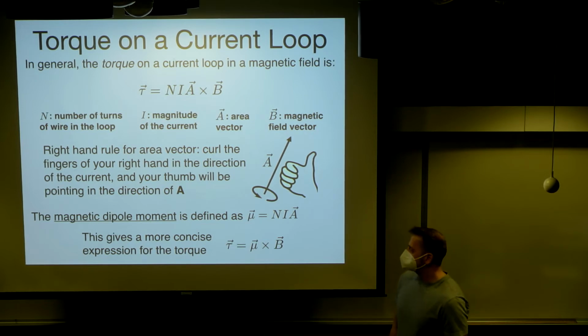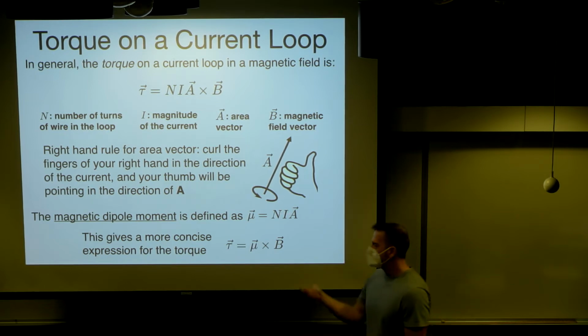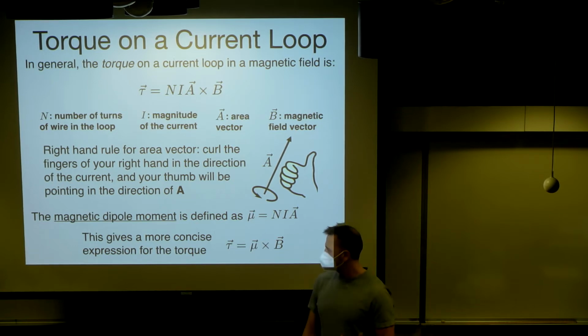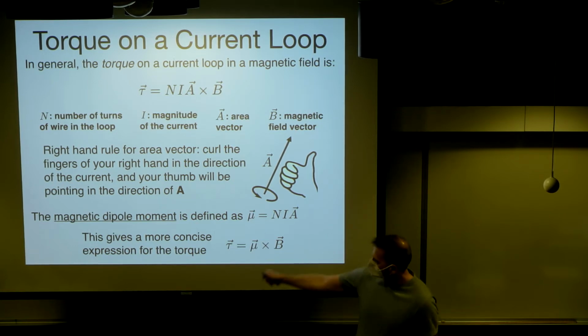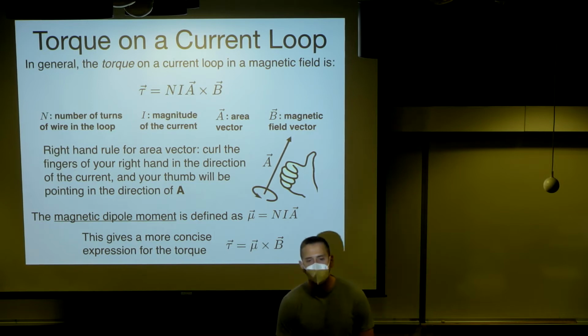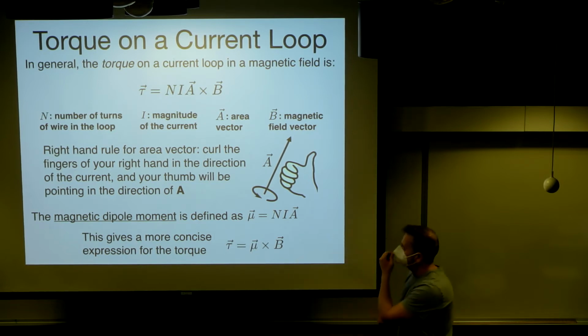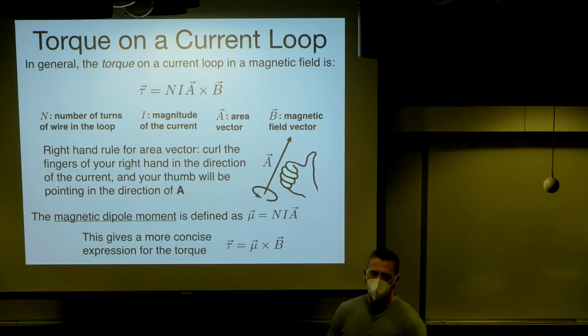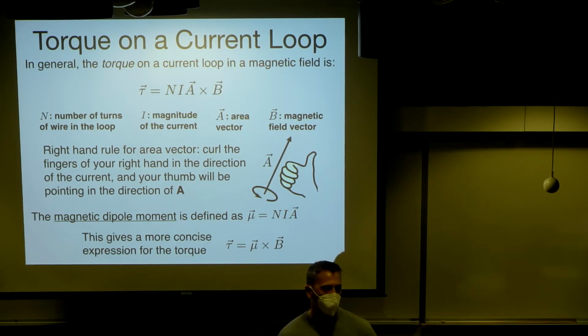It's kind of an important concept, but for now, let's just think of it as this quantity, n times I times A, where again, we're thinking of A as a vector, so this also has a direction to it, and we use mu to denote that quantity, okay? That's the magnetic dipole moment. So if this whole thing in front is just going to be called mu, then we can say that torque is just mu cross B.